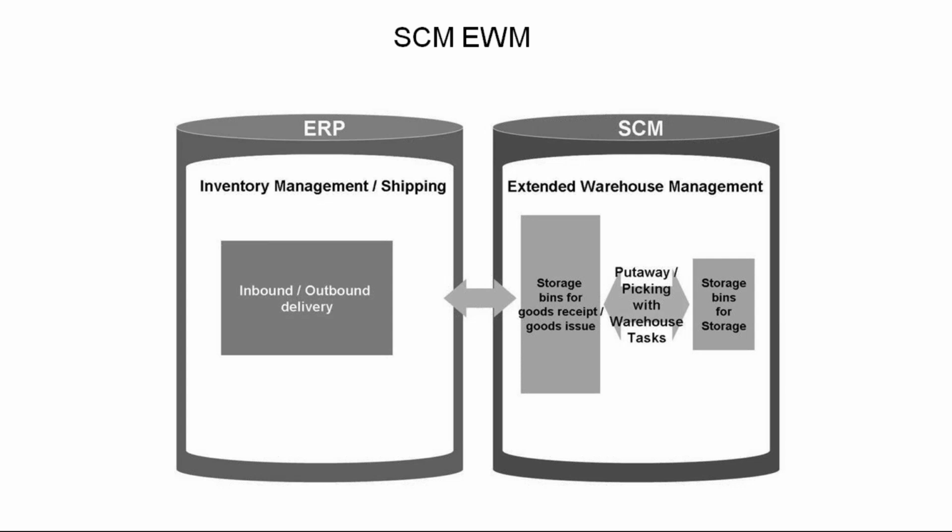And how are processes executed? Let's say I speak about the receiving process. You create a purchase order and release it to your vendor, and the vendor confirms that he'll be able to deliver goods. That's the order acknowledgement. Whenever he ships the goods, he'll send the ASN, advanced shipping notification.